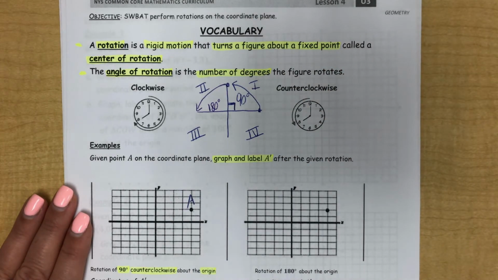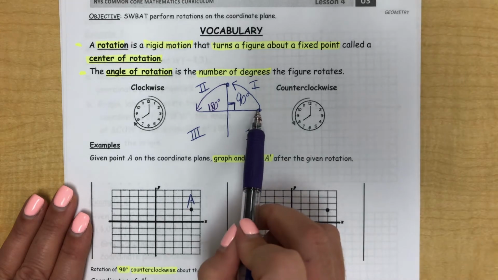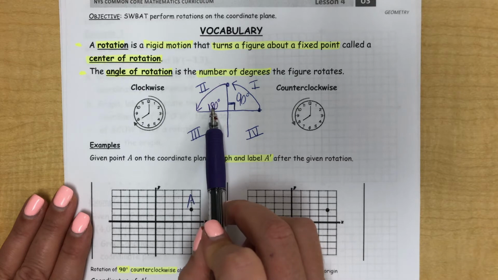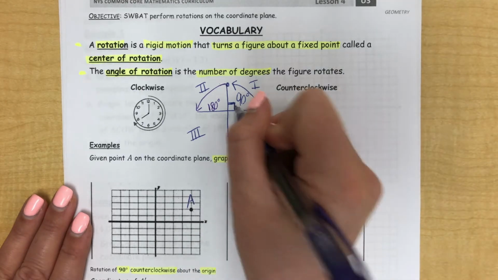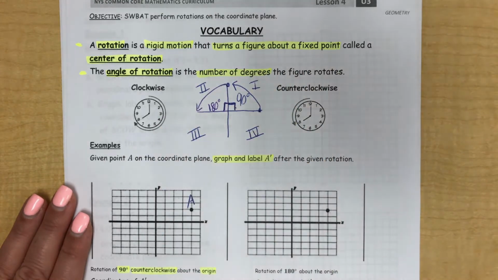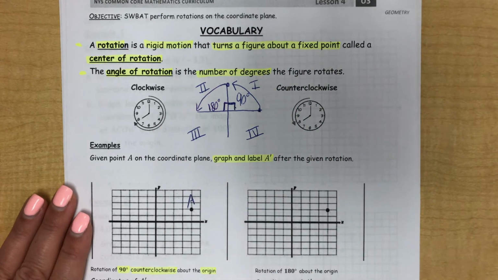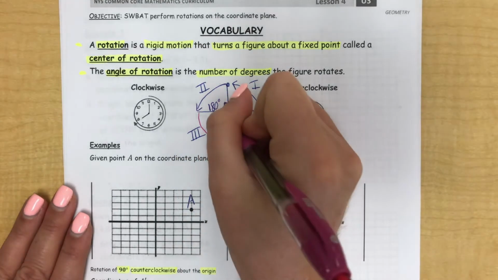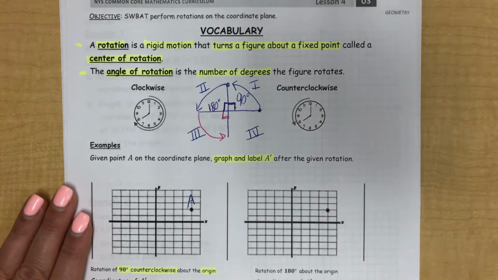If you guys remember from Unit 1, anytime I have a straight line, there's 180 degrees inside. And that's because 90 on the right plus 90 on the left, I turned another 90, gets me 180. That would be 2 turns. If I turned again, that would be another 90 degrees.